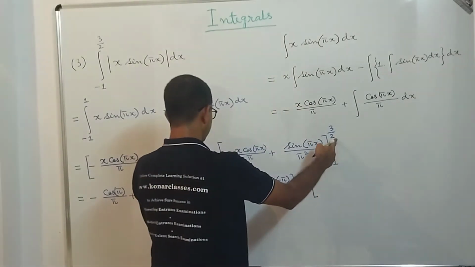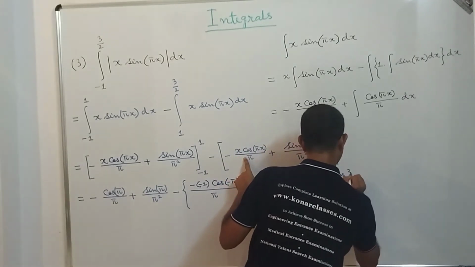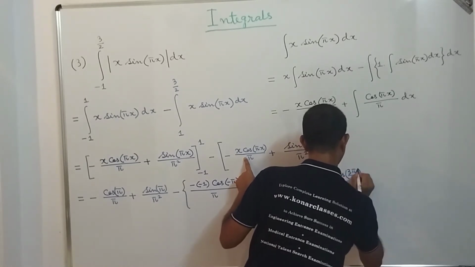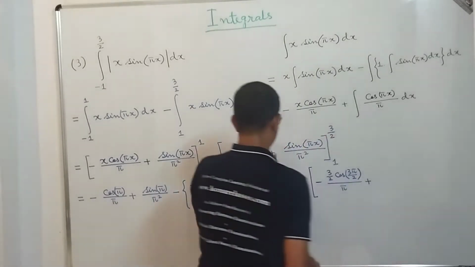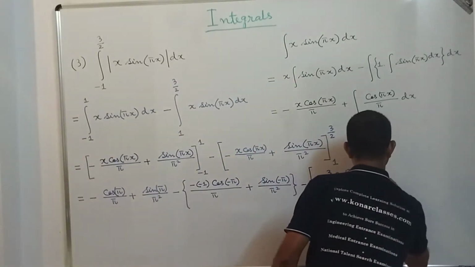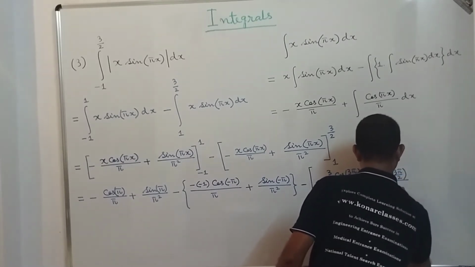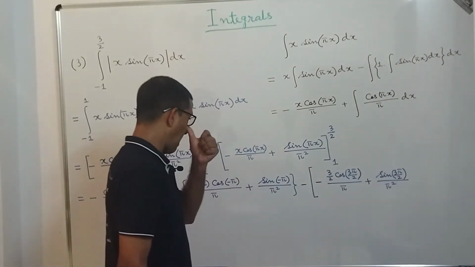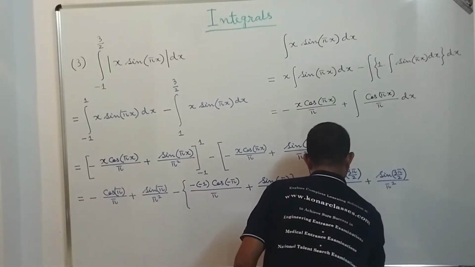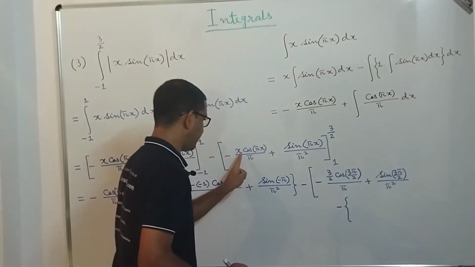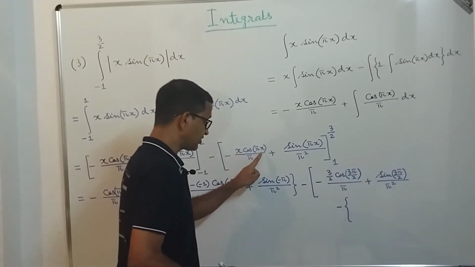First we apply x equal to 3 by 2, so minus 3 by 2 into cos 3 pi by 2, divided by pi, plus sin 3 pi by 2 divided by pi square, then minus, what we can write is that the value of x is equal to 1, so minus of 1 into cos pi, minus of 1 into cos pi divided by pi.